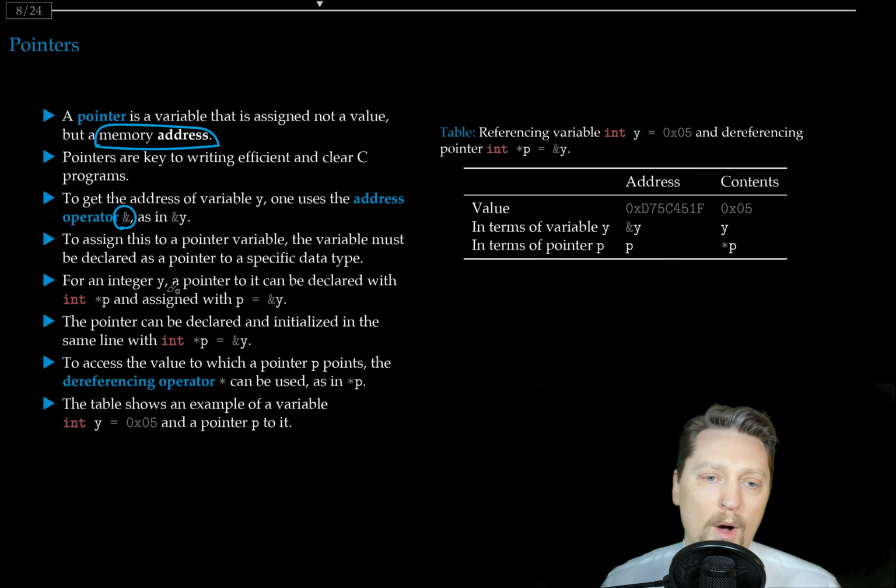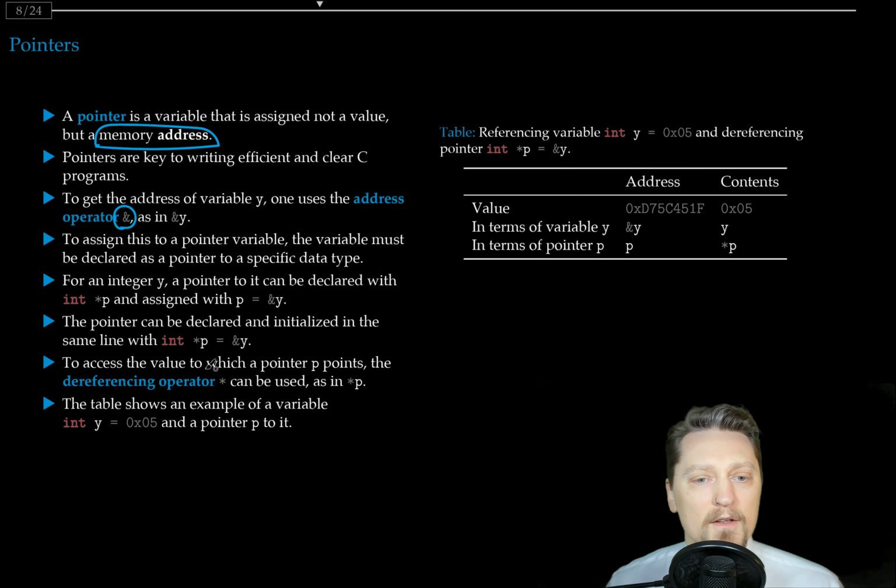For an integer y, a pointer to it can be declared with int *p and assigned with p equals &y, or address of y. The pointer can be declared and initialized in the same line. So int *p, so this is a pointer p, and we assign it to the address of y.